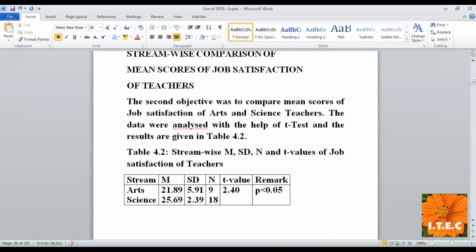So this should be the caption, the table heading. Can any one of you tell me what should be my first sentence here? What can be the first sentence? I'm waiting for your answer.